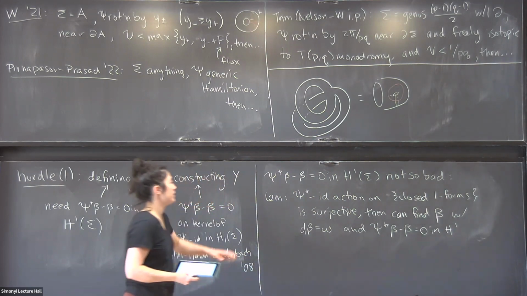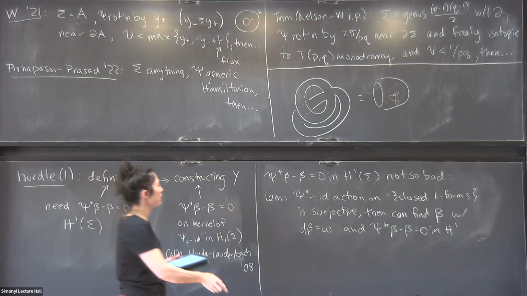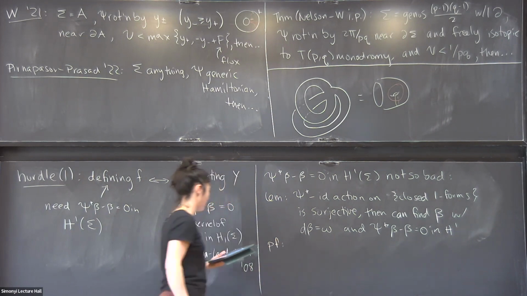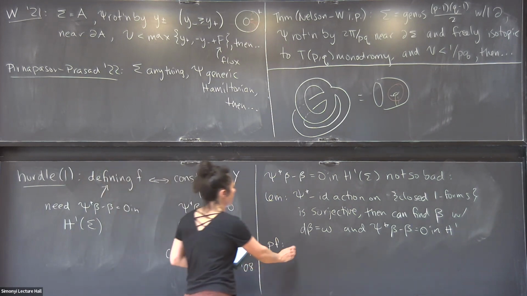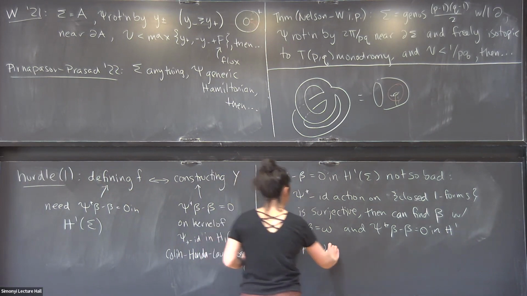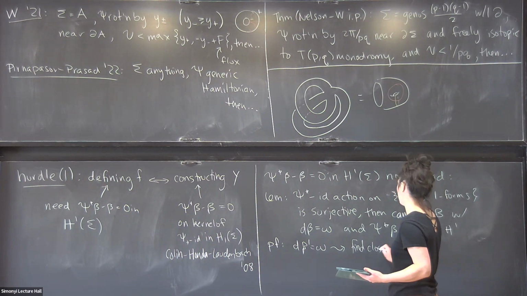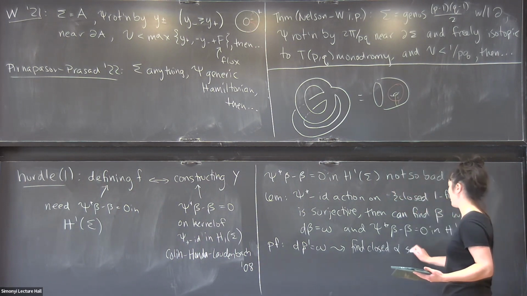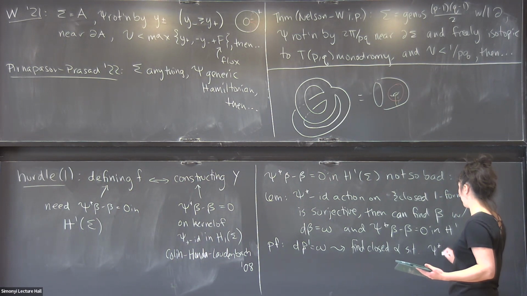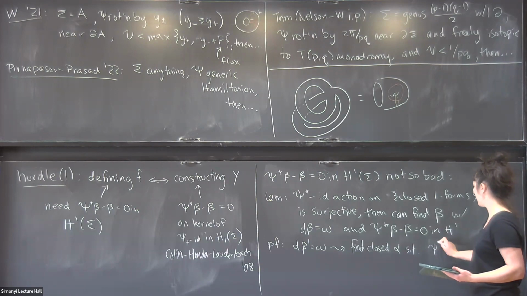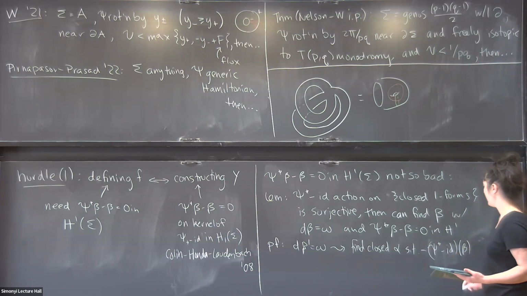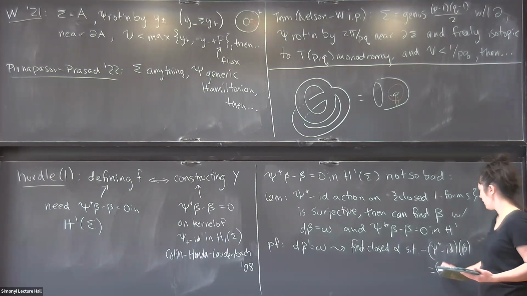So the proof basically is, starting with any primitive, so let's say dbeta prime equals omega, all I need to do is find a closed one form alpha such that psi pullback minus the identity applied to beta is equal to psi pullback minus the identity applied to alpha.